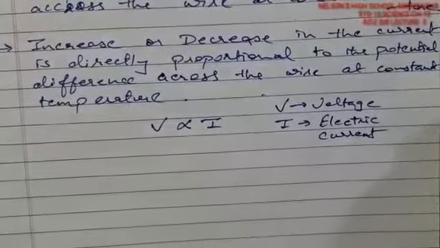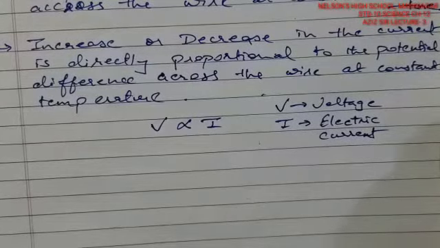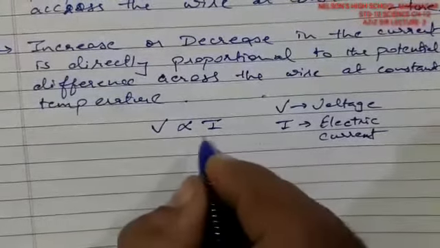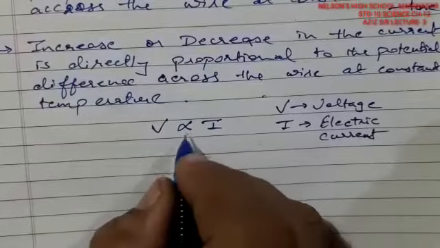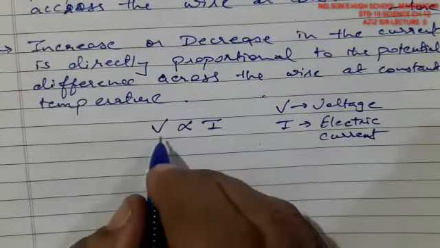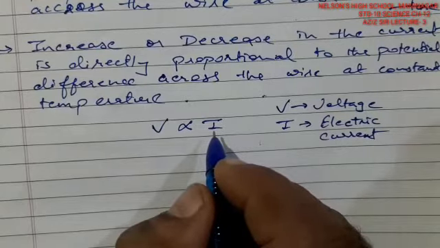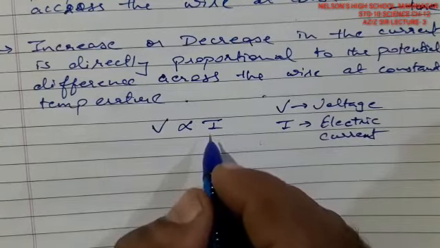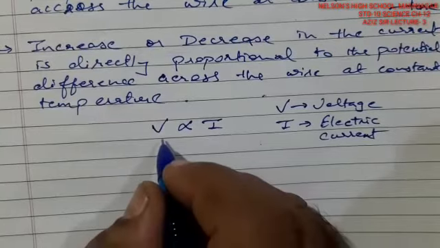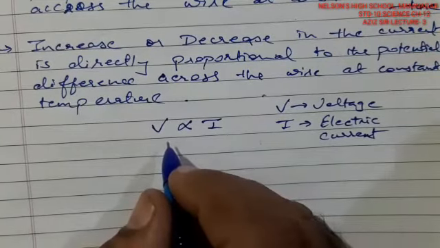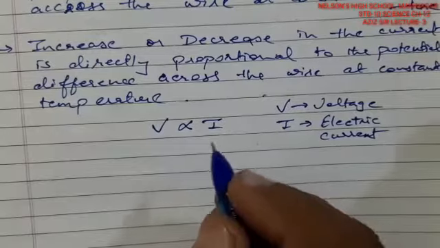Fine. So as the V increases, I increases, and as the V decreases, I also decreases. That means voltage increases, current increases accordingly through the same resistance wire at a constant temperature, right? And as voltage decreases, that is potential difference decreases across the wire, then the current also decreases.